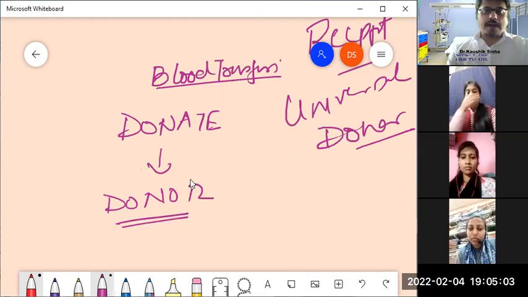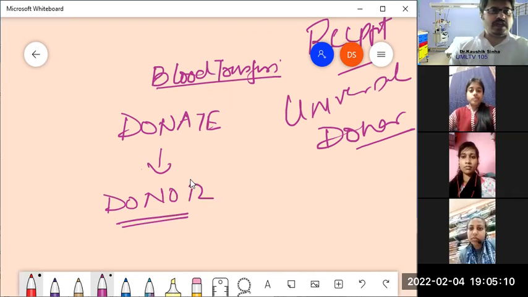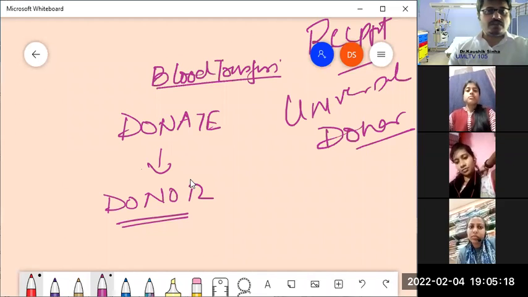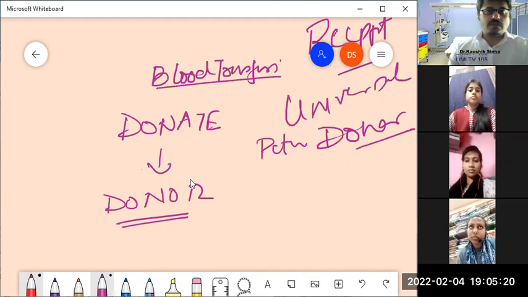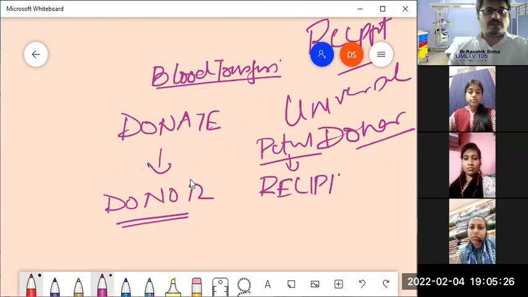In the camps we can have only the donors, but the patients who are hospitalized and in need of blood will be given the blood, so they will receive. So donors can be normal persons, but the patients are usually the recipients.